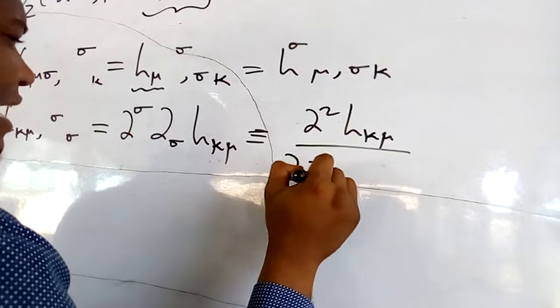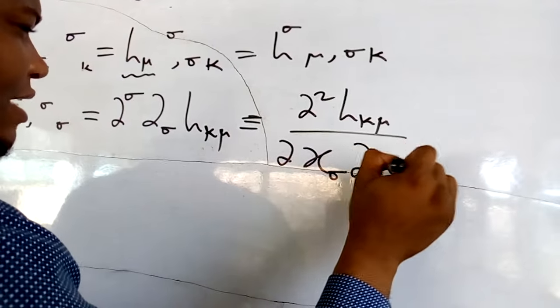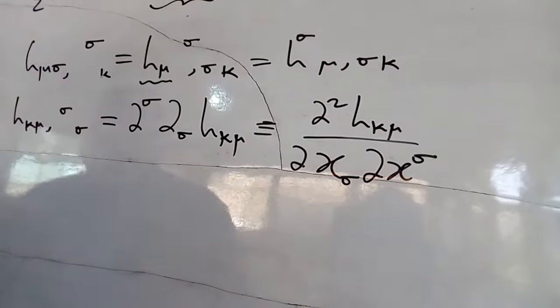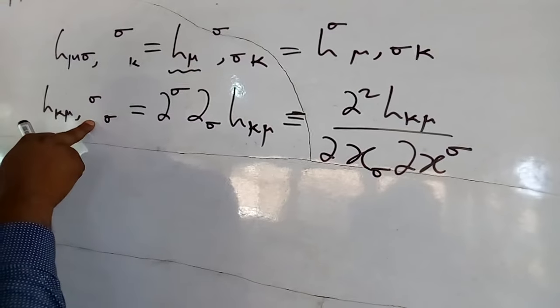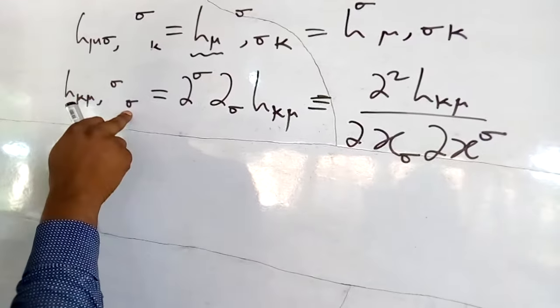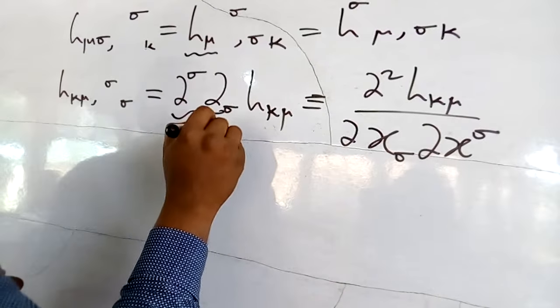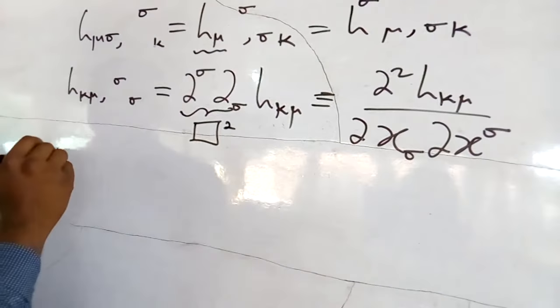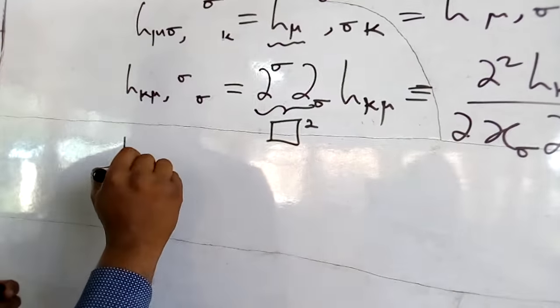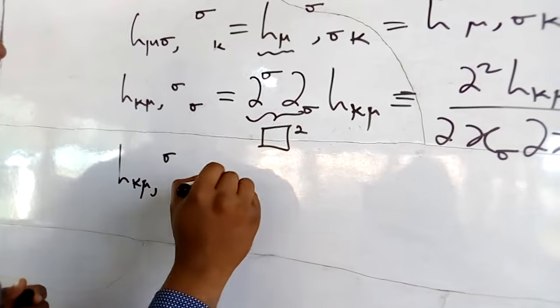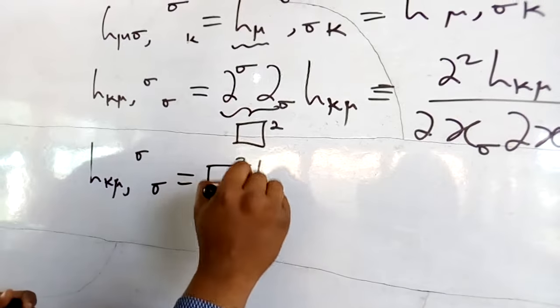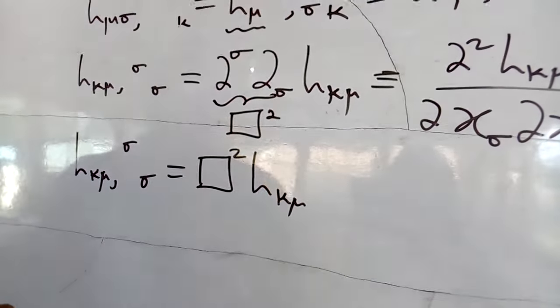This is going to be the x sigma down, the x sigma on top. That's what the partial derivative on top and the one below signify. And of course, we remember that this represents the D'Alembertian. So this expression, h kappa mu, comma sigma sigma, is the same thing as the D'Alembertian of h kappa mu.